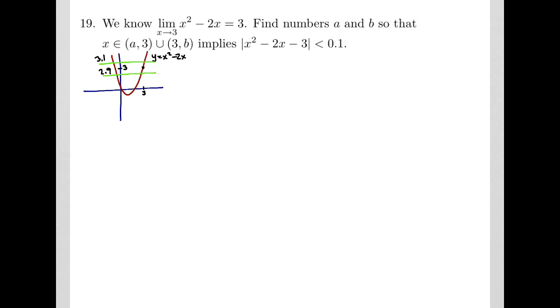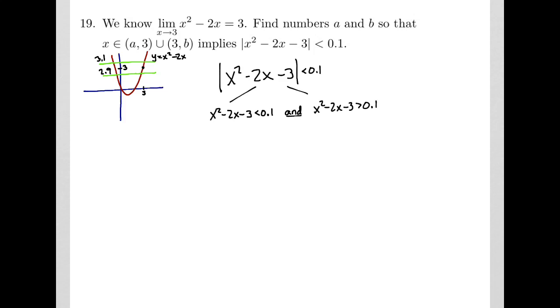So let's pick it up from there. The inequality absolute value of x squared minus 2x minus 3 is less than 0.1 can be replaced by two inequalities. It could be x squared minus 2x minus 3 is less than 0.1, and we also require that x squared minus 2x minus 3 is greater than minus 0.1.